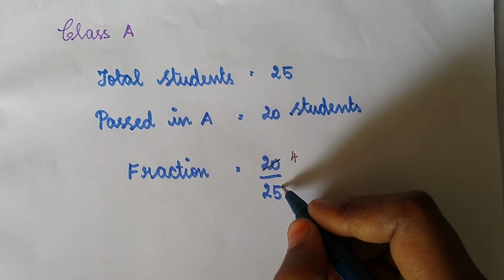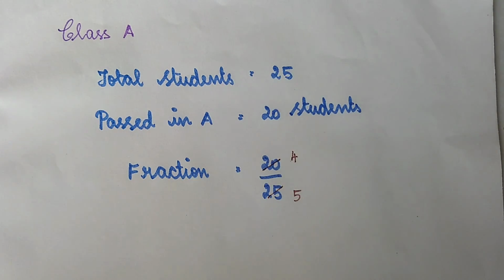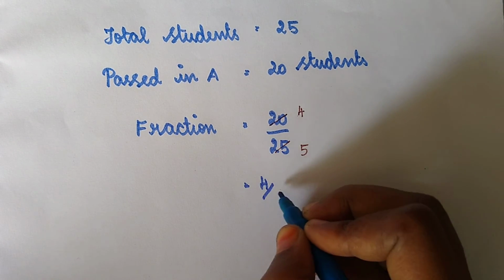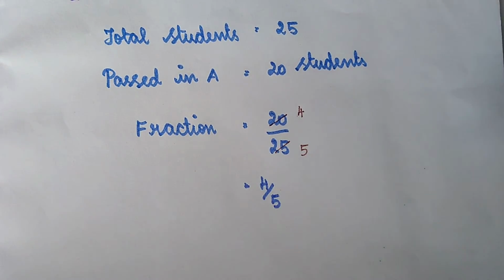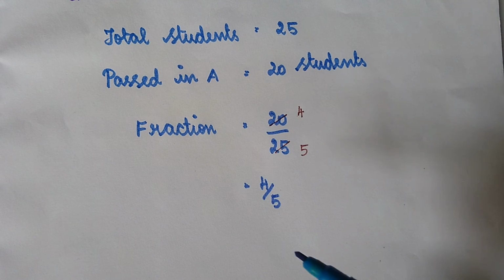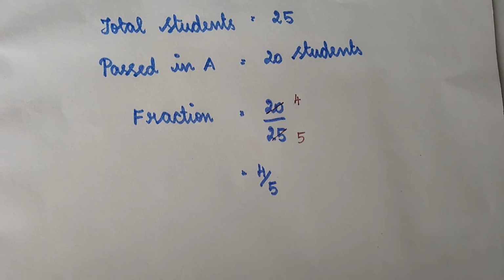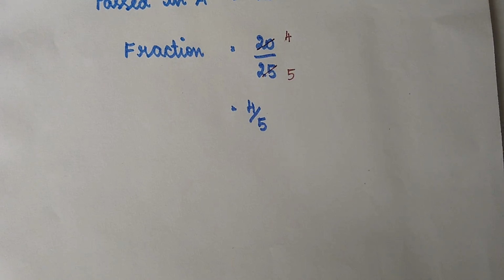Four fives are 20, 5 fives are 25. So the answer is 4/5. Fraction of first class passed students is 4/5.